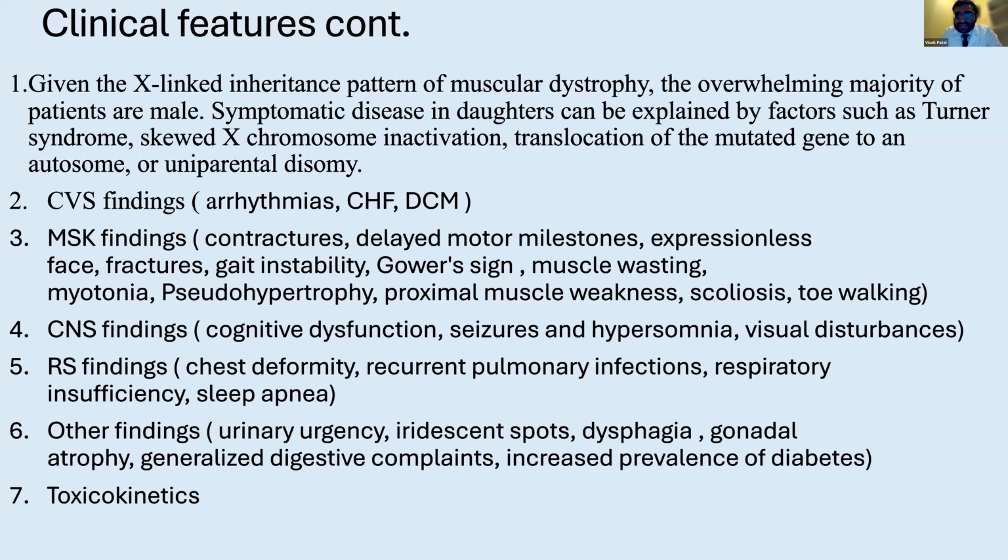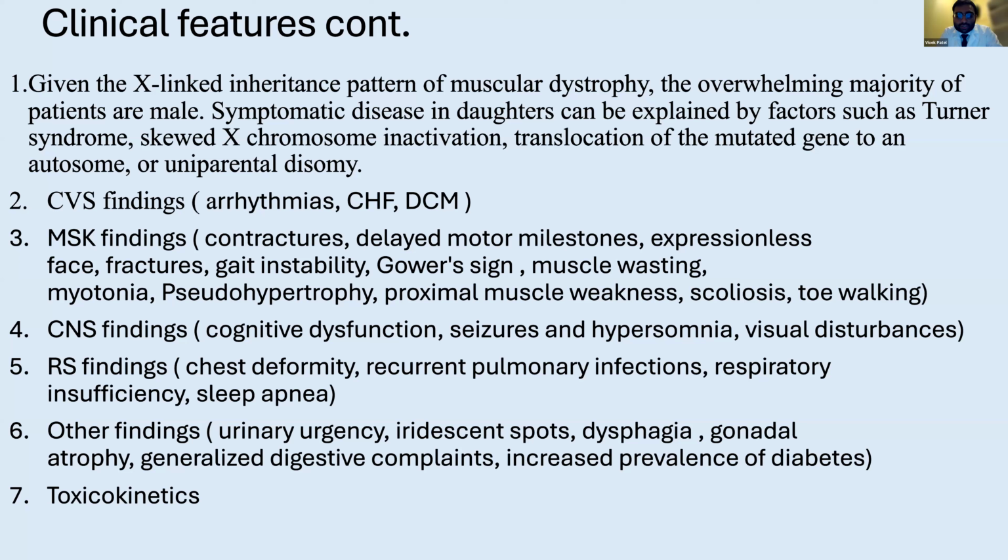Now let's summarize the clinical findings. As we discussed earlier, the heart is involved, so it gives rise to heart failure, dilated cardiomyopathy, arrhythmias, and also mitral valve prolapse is a common finding. Musculoskeletal findings: muscle is commonly involved in this condition.